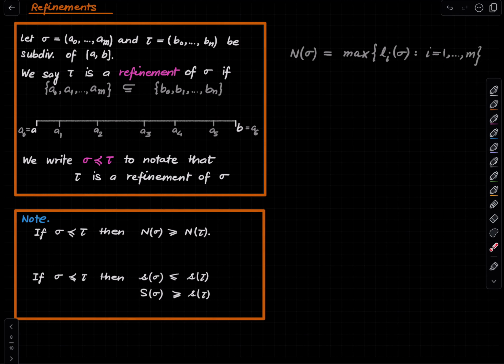So sigma is a1 up to, this thing is sigma, so we're running up to m. So this is an exercise. What is this? So here we have a bounded function. We have a bounded function, and then all of these are with respect to that function.